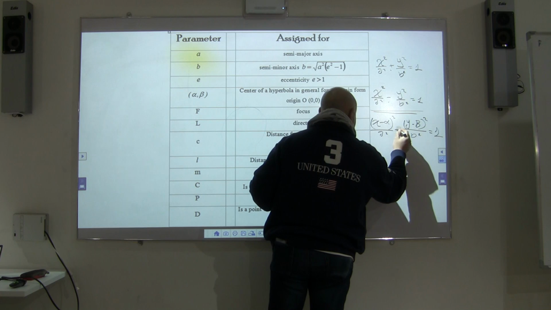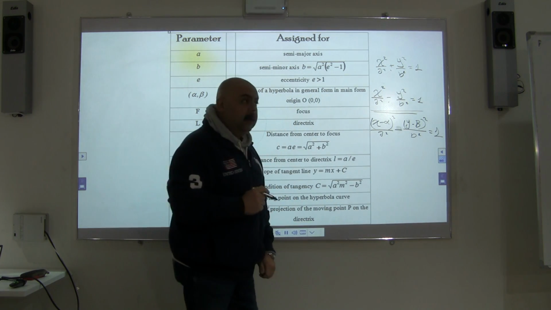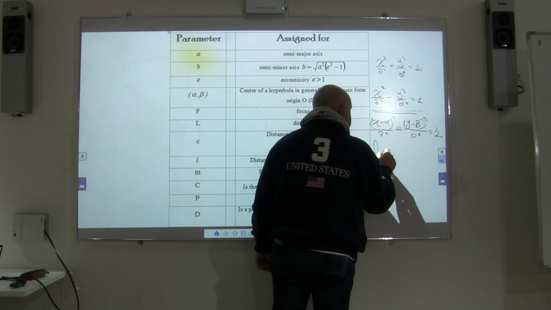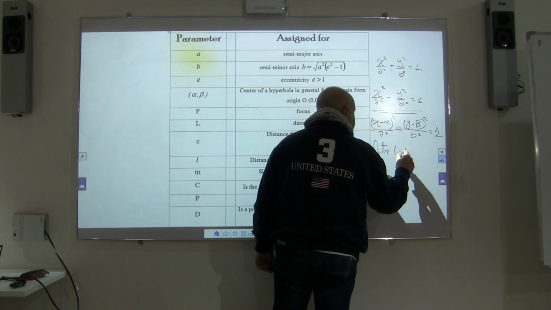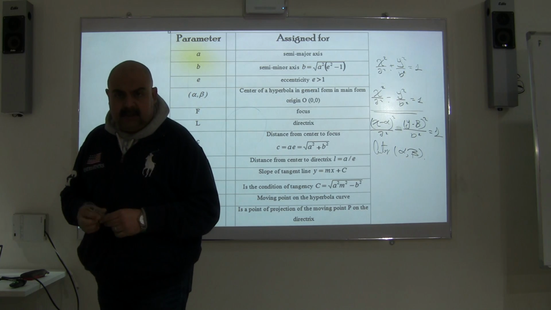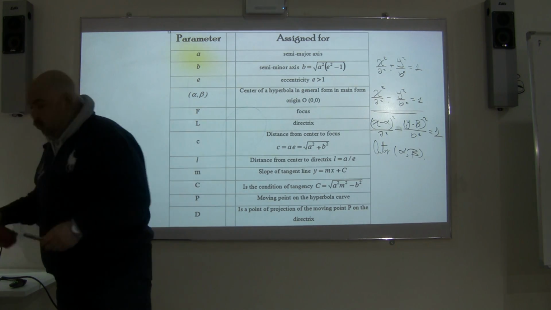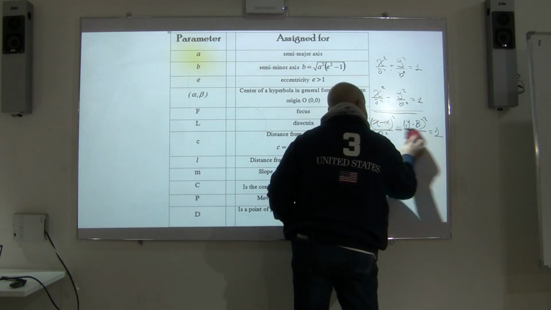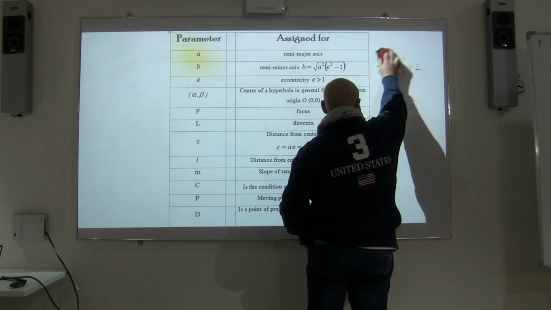For a hyperbola it is going to be with a negative sign, and the center is alpha and beta. You will see this also within the coming slides.